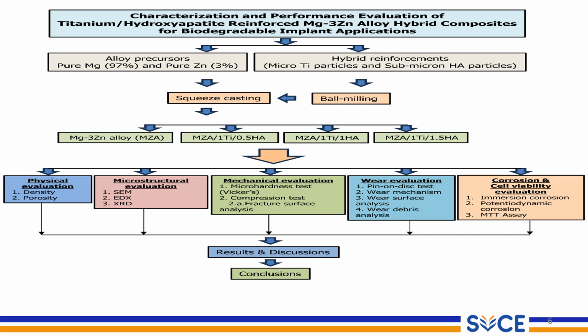Now we have specimens from squeeze casting, 4 different specimens. We are going for physical evaluation, microstructural evaluation, mechanical evaluation. We are going for analyzing wear, because wear and biocompatibility studies are most important, particularly for implants, along with corrosion and cell evaluation.